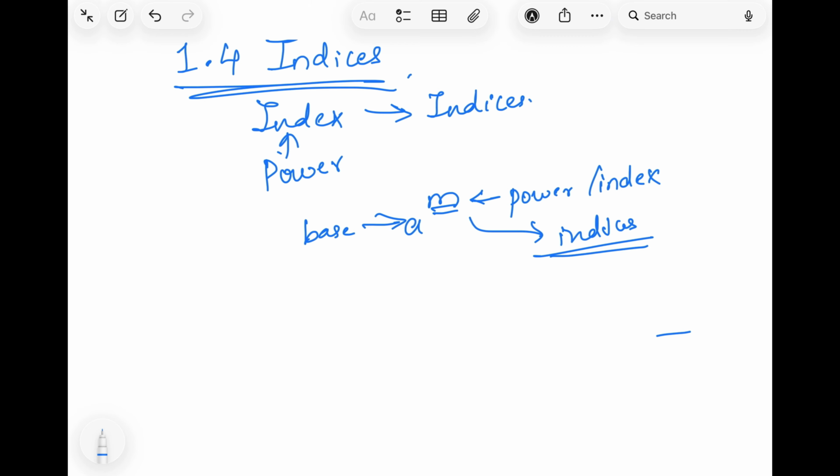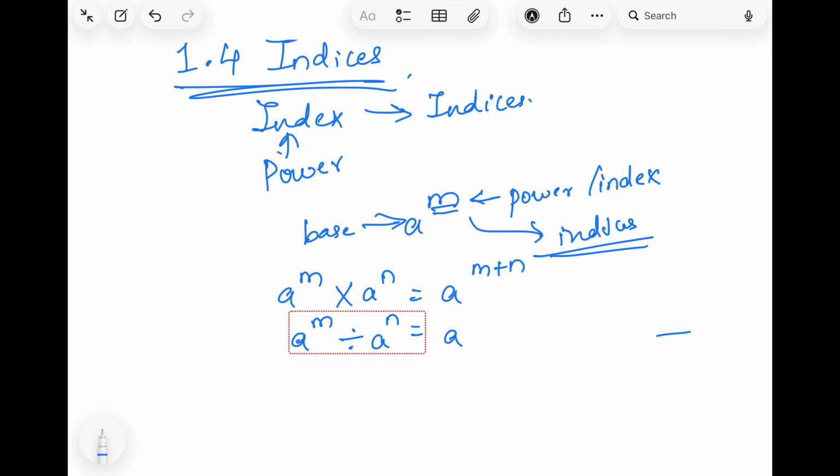There were 4 laws of indices. I will just write down the laws. I hope you all remember the laws. If you have not seen that video, please go and check the video. First law, multiplication. A raised to m into a raised to n is equal to a raised to m plus n.